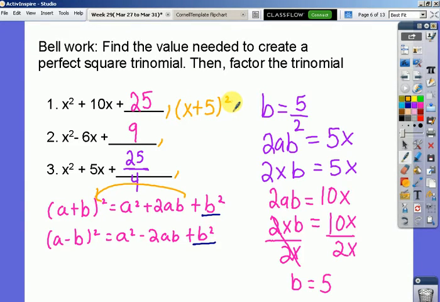What about the next one? X minus, right, it should be minus, right? How do we know it's minus? Because of the minus 6x, right. X minus 3, quantity squared, right. And then what's the last one? X plus 5/2, quantity squared.